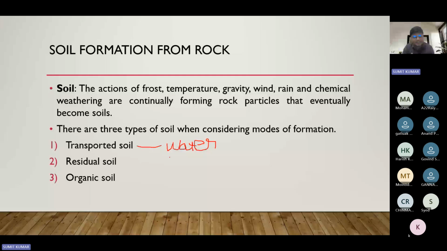Normally water and wind are the main agents which transport the soil from one place to another, but some other agents are also there. On the other hand, in the residual soil, the soil breaks from the parent rock and resides at its own place only, while the organic soil is formed by the decomposition of organic matter itself, and its strength is relatively low.